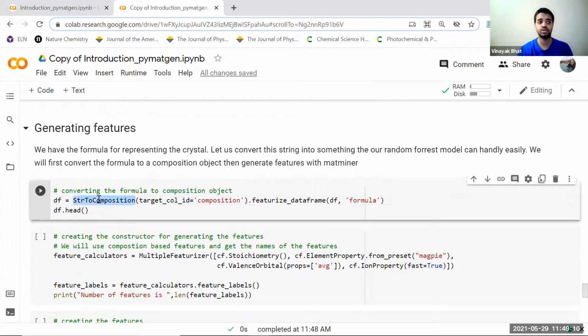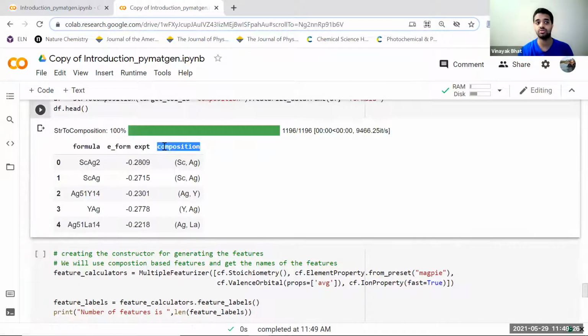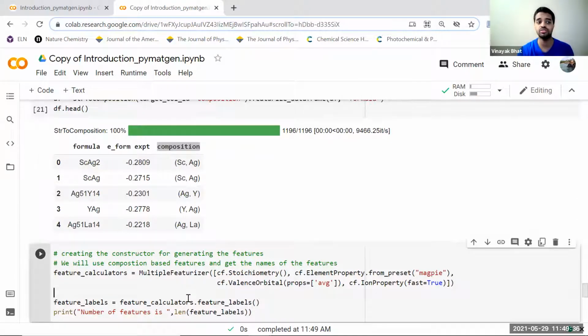So here we'll try to convert string to composition, and we'll call that thing composition, and the input is the formula. Right. And once we do that, we see we have created a composition object now for each one of those. This is very similar to the RDKit thing that we did.